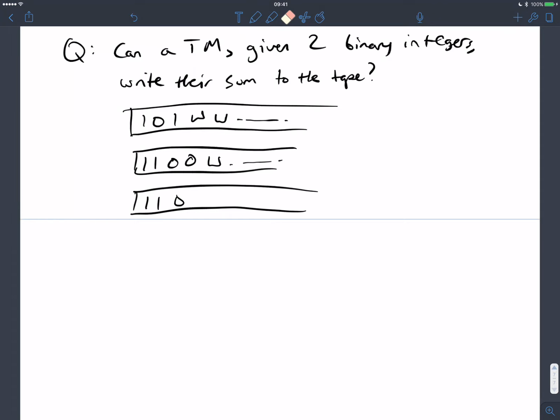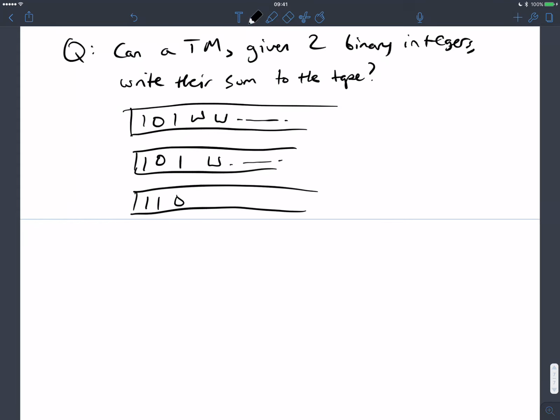So then I decrement the second tape. Well, how do I decrement 1100 here? As long as I'm seeing zeros from the right side, I turn them into 1s until I see a 1, in which case I turn it into a 0. Do I stop decrementing though? Yes, I stop decrementing.